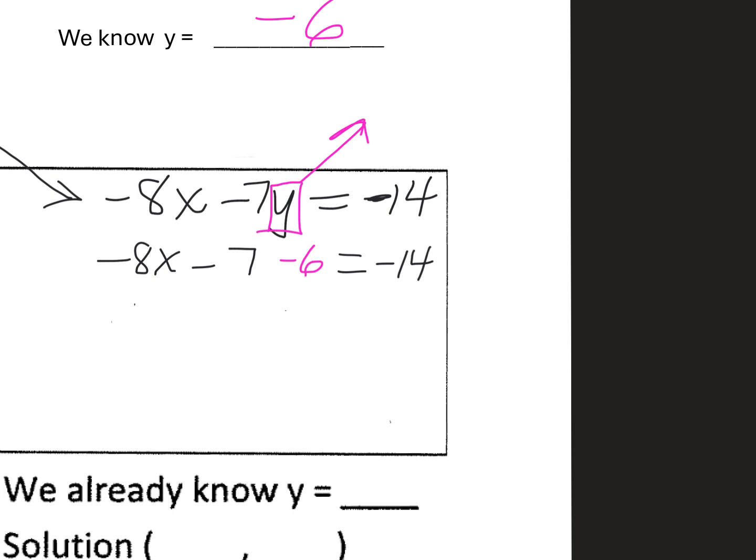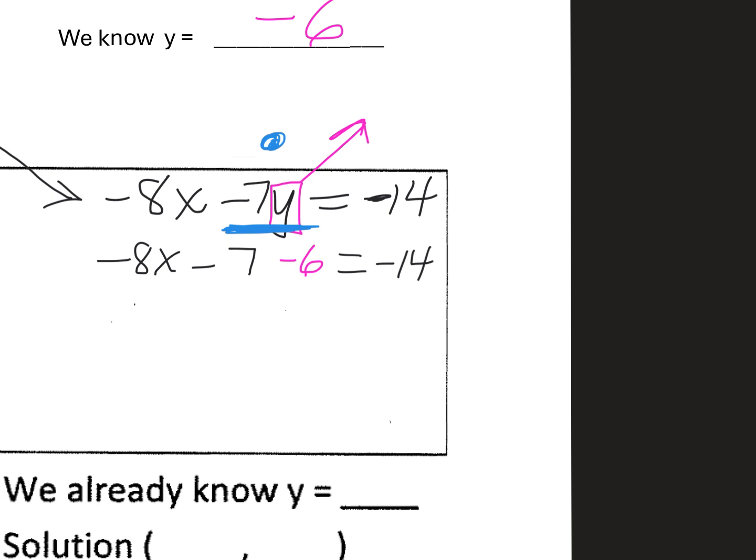What does a number sitting next to a variable mean? Does it mean adding, subtracting, multiplying, or dividing? What am I doing with that 7 and that y? I'm multiplying them. So that really means 7 times y. So when I substitute that -6 into that equation, I'm getting ready to write it in red because it's wrong. I'm not going to add those together.